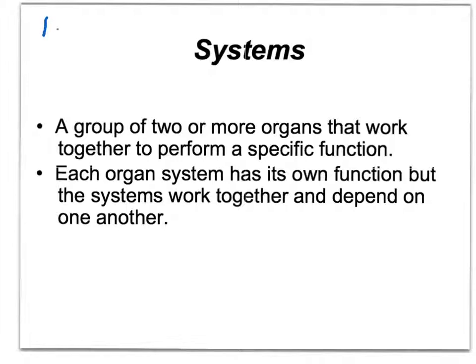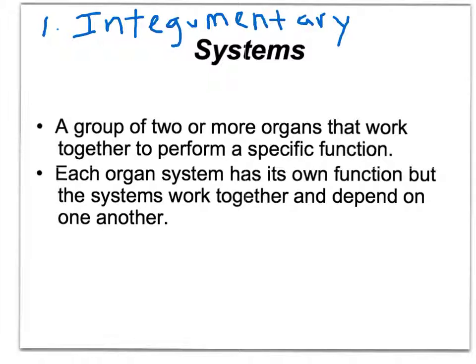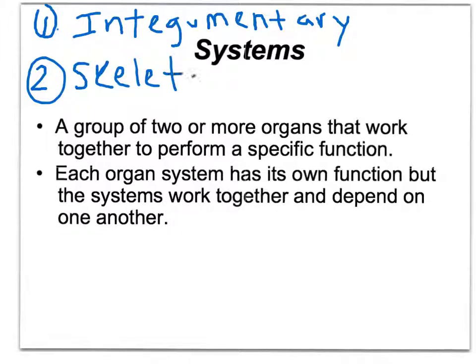The first system is the integumentary. And the integumentary system is your skin. The second system we are going to learn about is the skeletal system. And that's your bones.